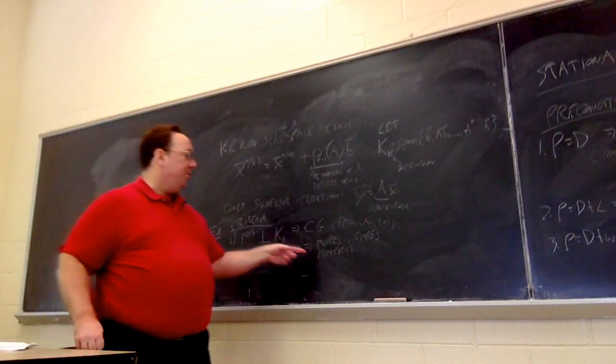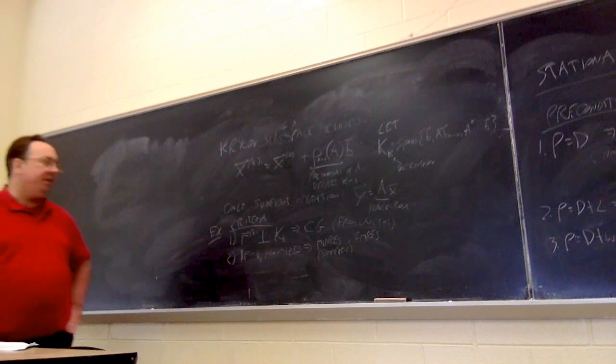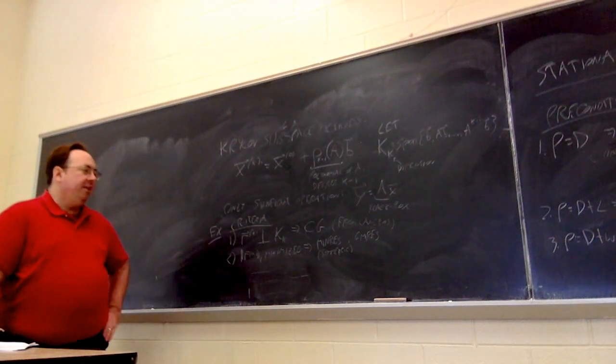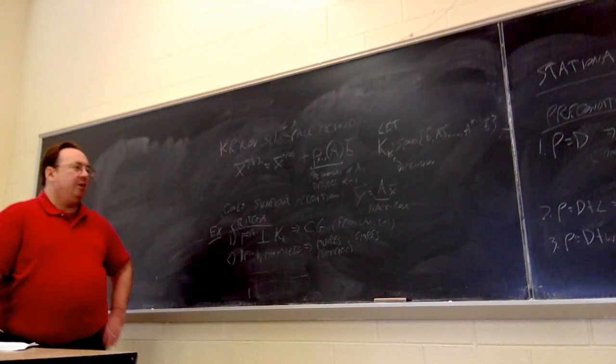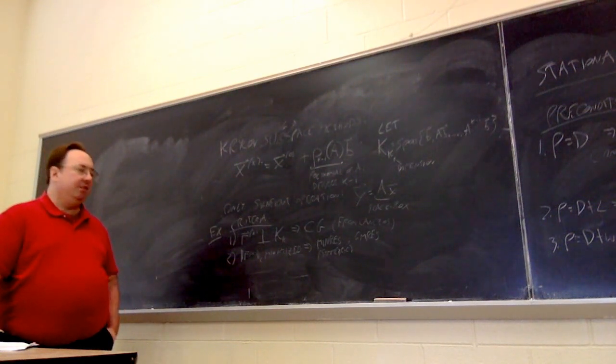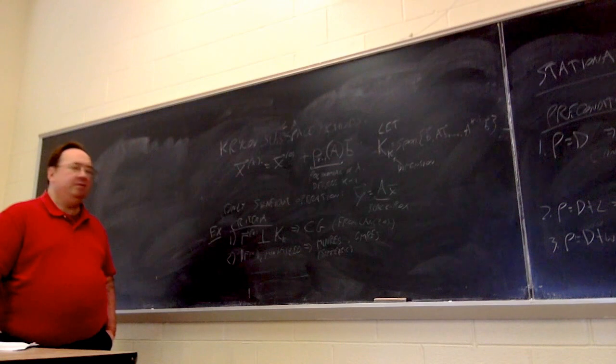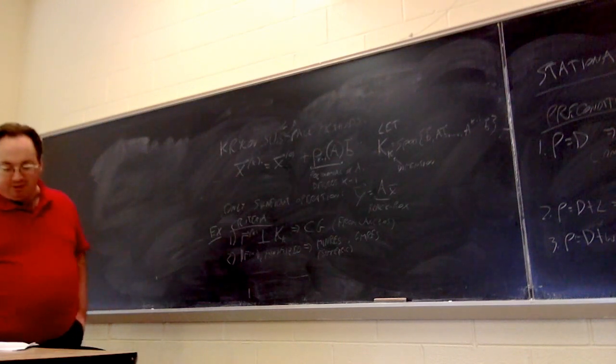MINRES also uses the Lanczos iteration. It differs from CG, from conjugate gradient, in how it computes each new iterate from a Krylov subspace. It's actually solving a least squares problem. GMRES does the same thing using Arnoldi iteration, which is a generalization of Lanczos to non-symmetric matrices.